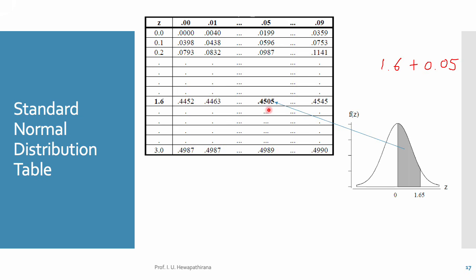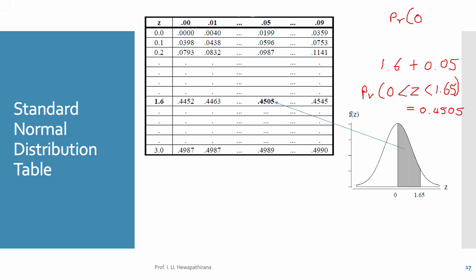There, at the intersection between 1.6 and 0.05, I will meet the correct area 0.4505. So this is the area that I wanted to find as shown in this figure. So this probability I can express as probability capital Z is between 0 and 1.65, and that is equal to 0.4505.